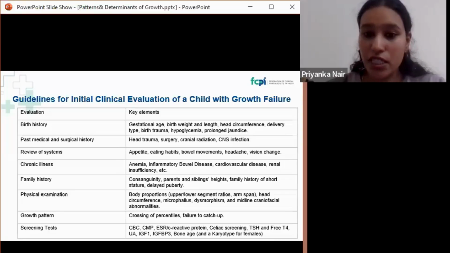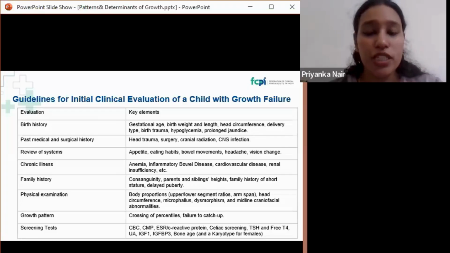Then, review of systems is very important. The eating habits, appetite, bowel movement, headache, or vision change should all be taken into consideration. Chronic illnesses such as anemia, inflammatory bowel disease, cardiovascular disease, and renal insufficiency, etc., may also affect growth. Then, family history is also very important because consanguinity may lead to genetic variation.